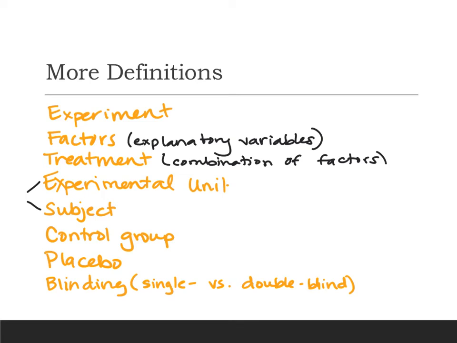So it may be that there's not a placebo. Maybe instead of a placebo, you use what's already on the market, the old brand or the old recipe, or whatever other previously used item would be. So a placebo is not always appropriate.